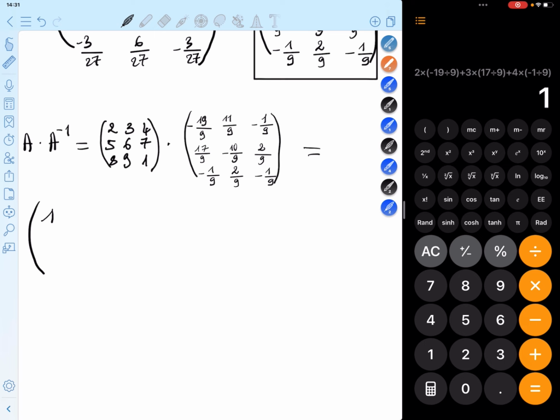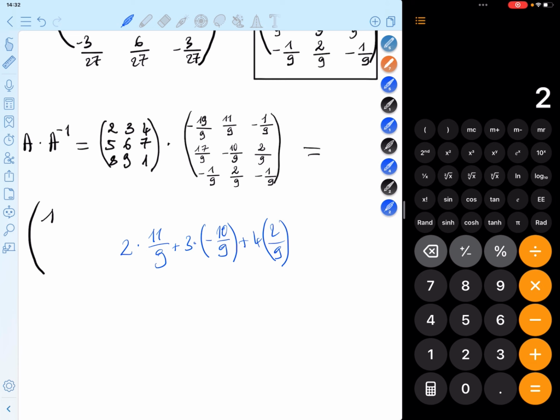Now we are expecting the first row, second column to be 0. So we got 2 times 11 over 9, then plus 3 times minus 10 over 9, then plus 4 times 2 over 9. So we expect it to be 0.